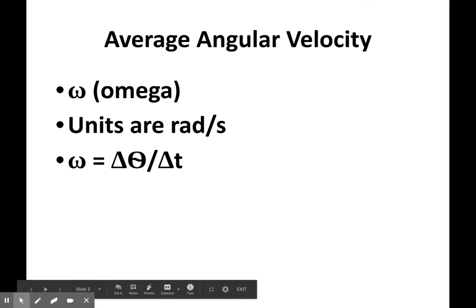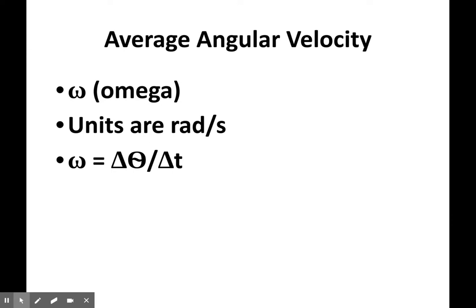When we are looking at average angular velocity, the symbol for that will be omega, which looks kind of like a funky W, and it's going to be in radians per second. Instead of meters per second, this angular velocity will be radians per second. And you're going to solve for that with your angle over your time.